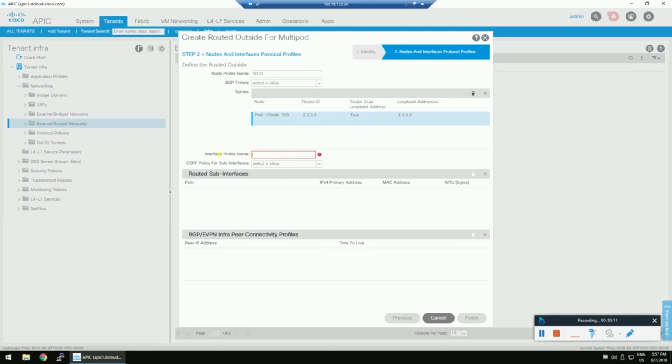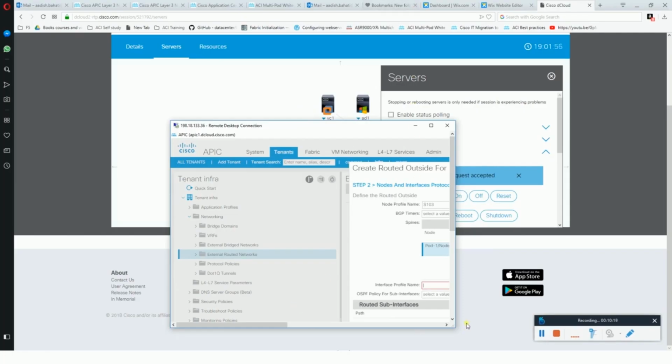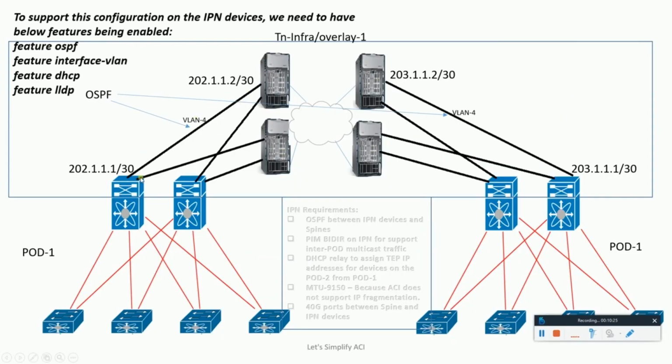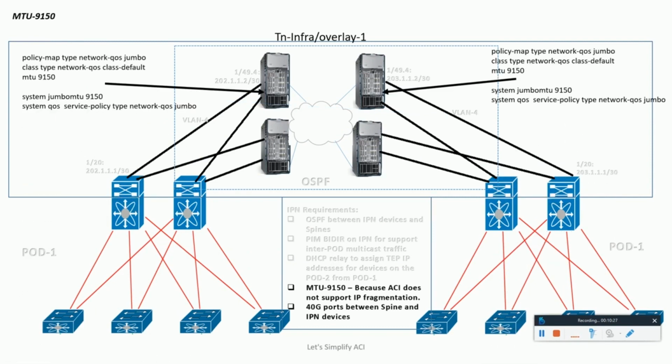Then we can specify what interface of this particular spine is connecting to the IPN. As per our diagram, from the spine side this is the 1/22 interface, 1/20 interface from the spine side.